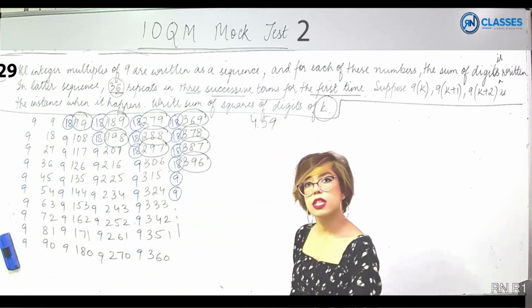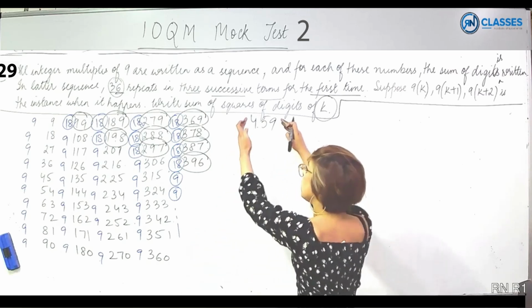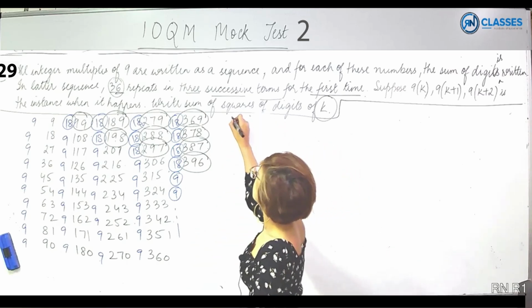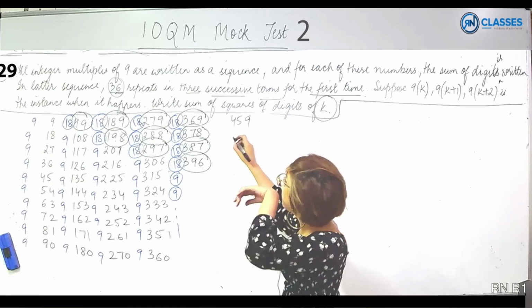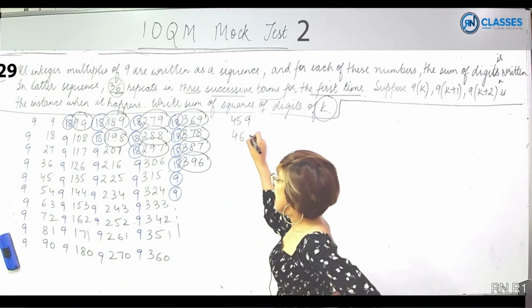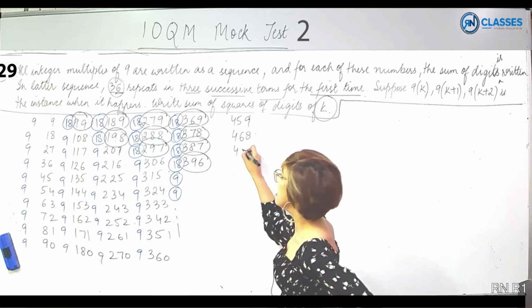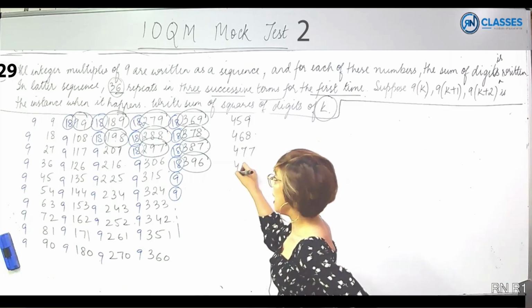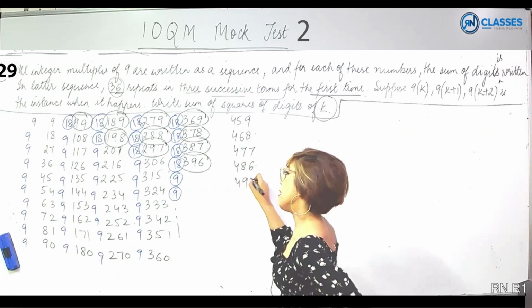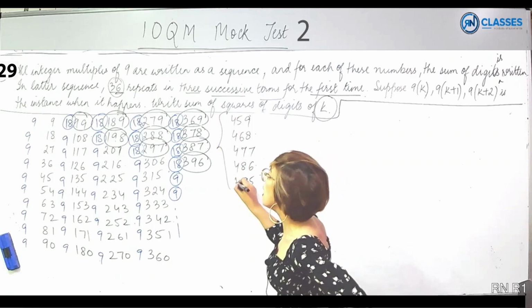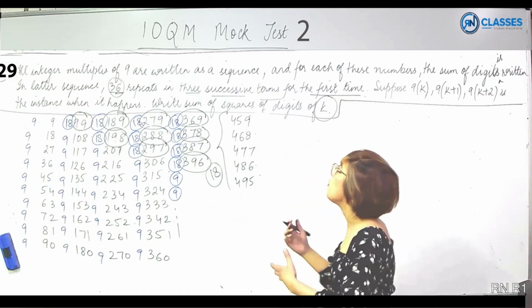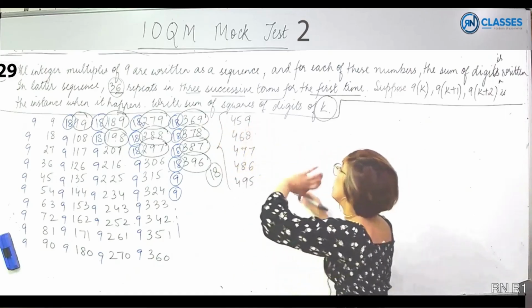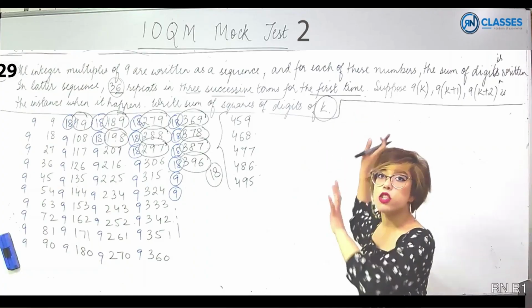Check the sum of digits: 18. Now let's check whether it comes consecutively 5 times. After 459 comes 468, then 477, 486, and 495. Yes, consecutively you are getting 5 times 18. Next you have to guess 69, 59, then 49, then 39, and so on.